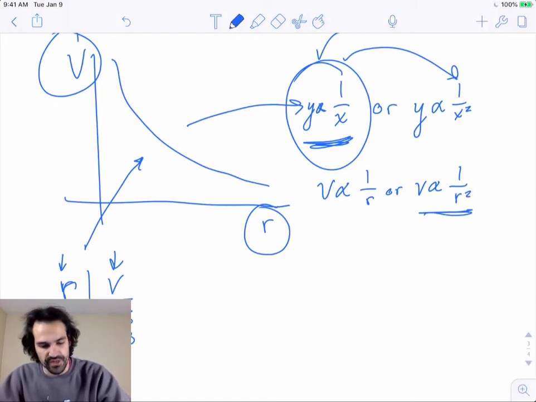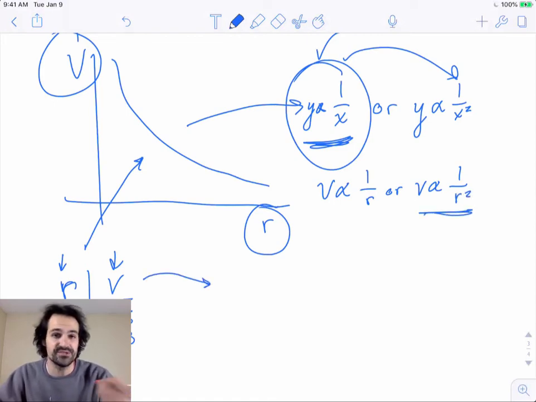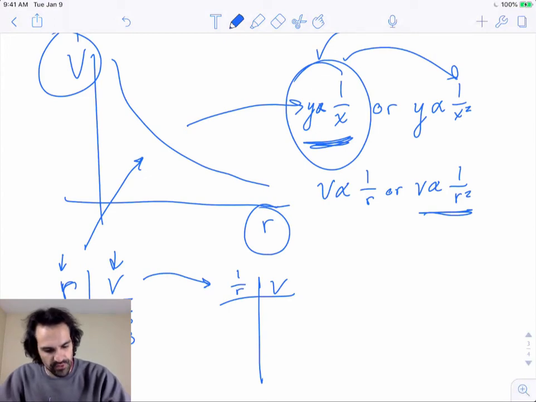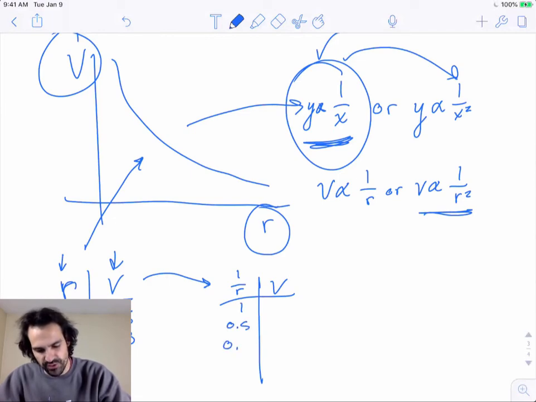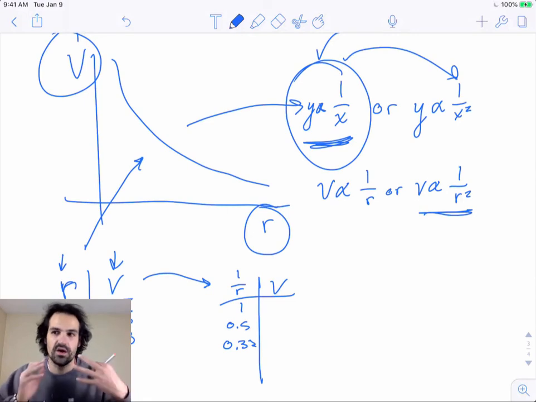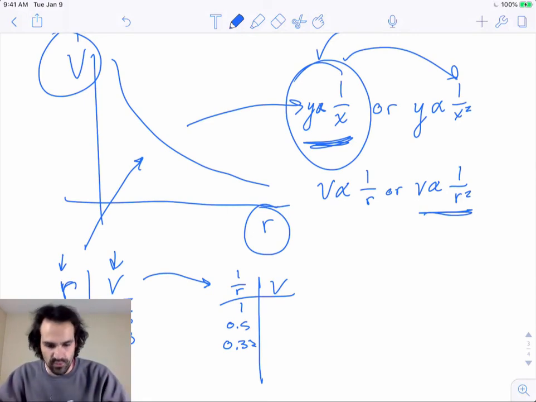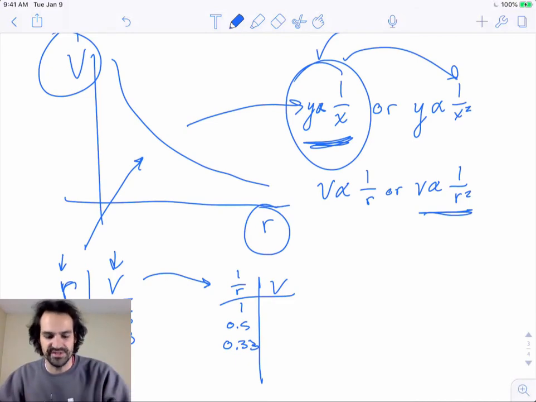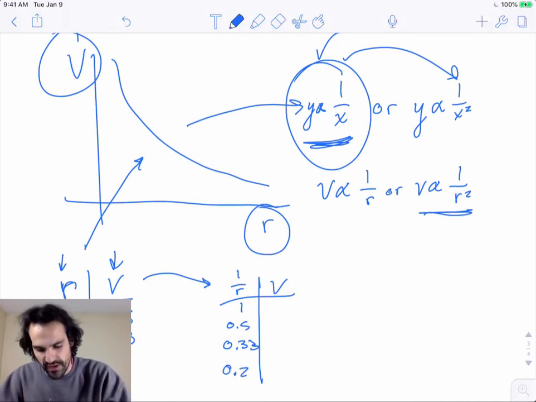Well, we're literally going to have to make 2 more data tables and 2 more graphs. Voltage versus 1 over radius, so 1 divided by 1, 1 divided by 2, 1 divided by 3, 1 divided by 4, or 1, 0.5, 0.33, because we're physicists and not mathematicians, and we are looking for the trend. We're not looking to get pi to infinite digits, 0.25.